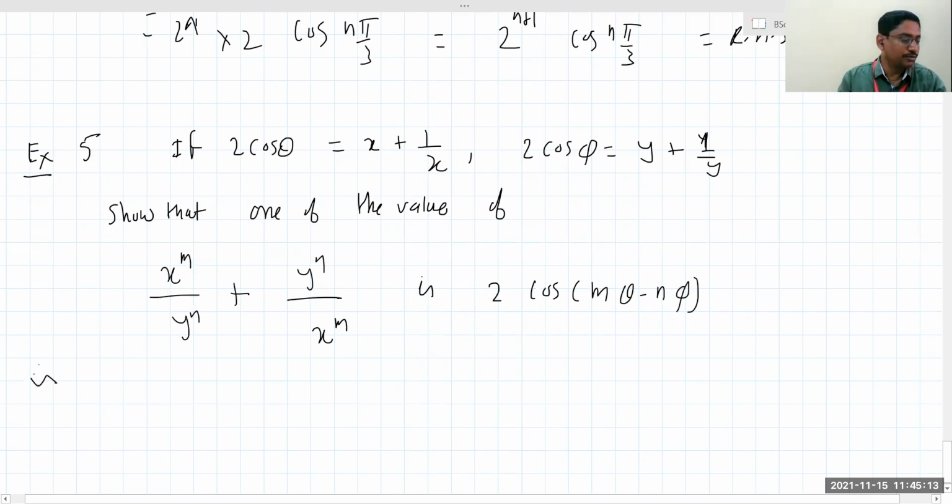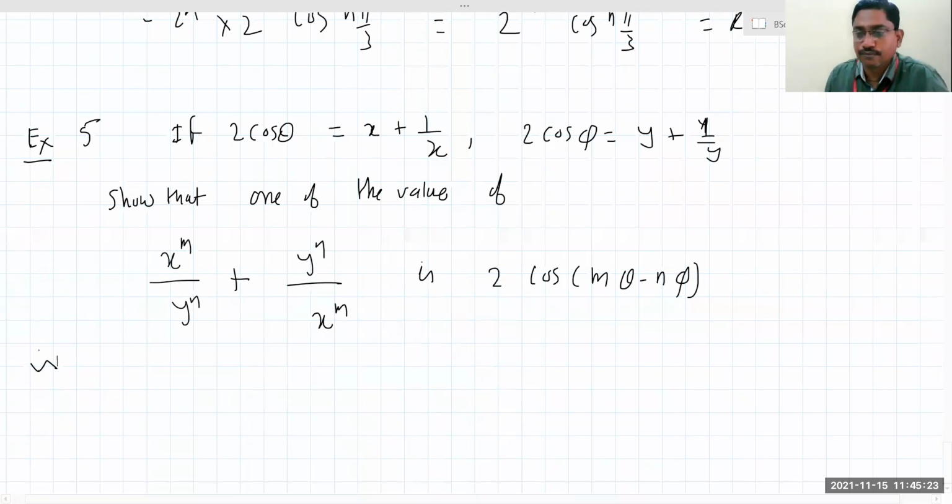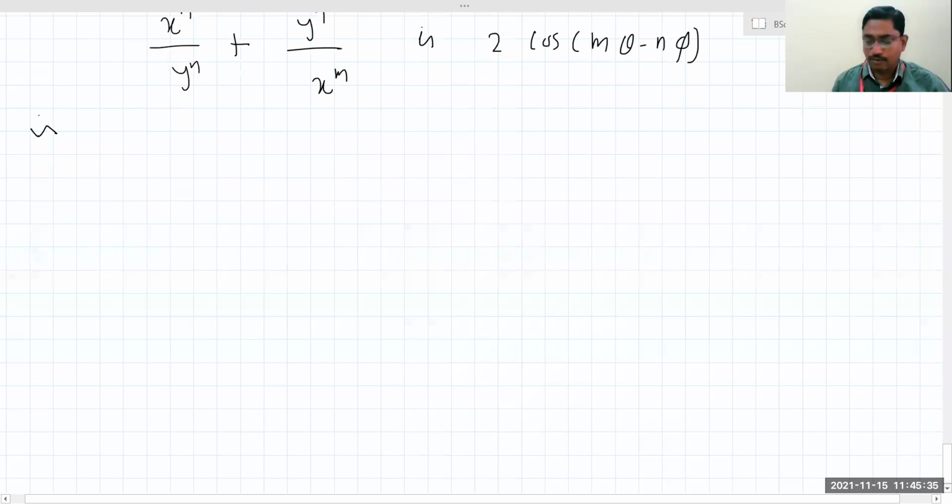Now think how will you solve it? You have to find the value of x and the value of y and put those values of x and y in there. So the value of x from the first equation and the value of y from the second equation. What is the first equation?